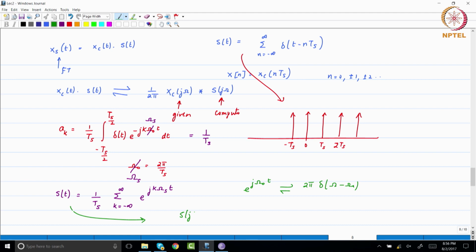So, basically that tells me that S of j omega will be 2 pi by Ts, the 2 pi coming from the Fourier transform of the complex exponentials, summation k equal to minus infinity to infinity delta of omega minus k omega s, or in other words this can also be written as k times 2 pi by Ts. So, again S of j omega also is a series of impulses. I am sure these are well known results.